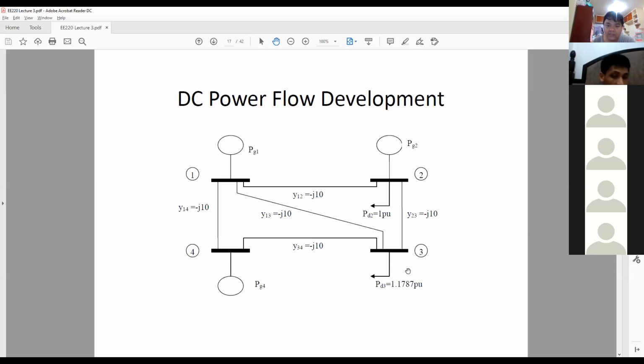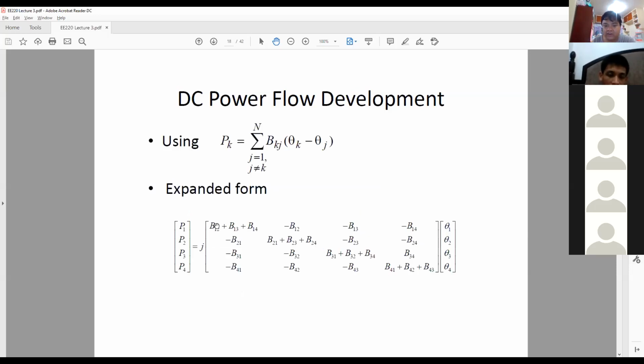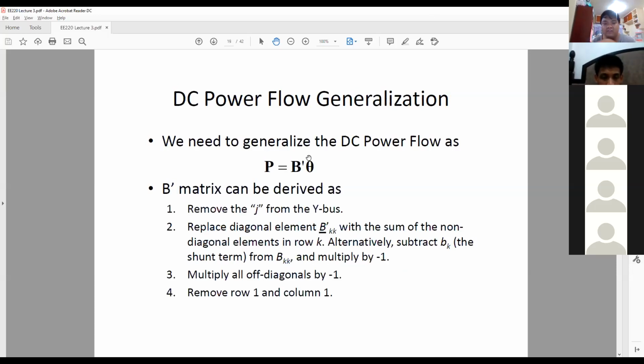Now, this is your admittance, yung B. Dun sa diagonal element, isasum mo lang lahat ng admittance na connected doon. Dun naman sa off diagonal, kukunin mo yung admittance between that diagonal. Okay? So this is the process for that.